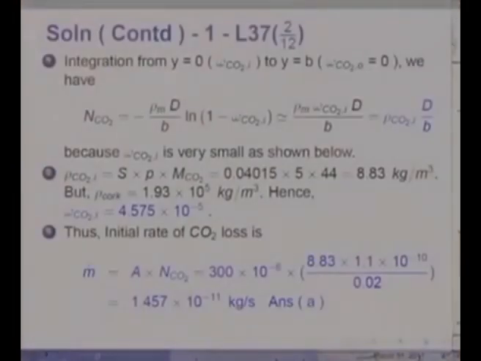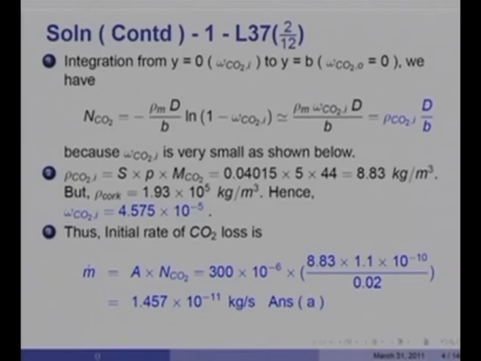So, if we use this, then you get density of CO2 at the inside surface as 8.83 kilograms per meter cube. So, what will be the mass fraction? The rho of cork is 1.93 into 10 raised to 5.